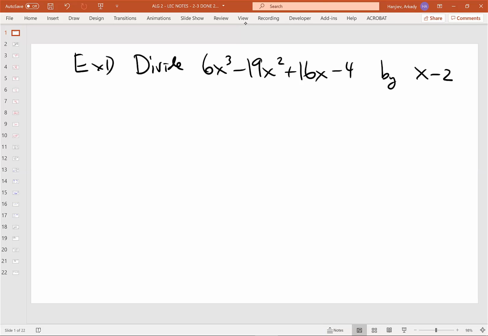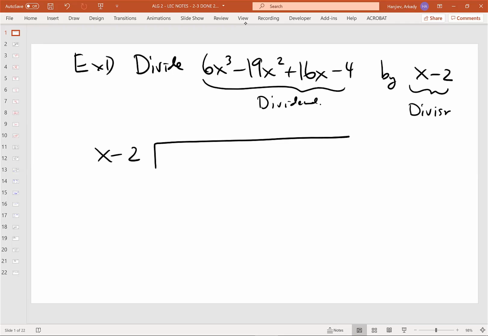So putting it to long division, here it is. Our divisor is right here, and this guy is called the dividend. I'll keep on doing that just so we have the vocabulary down. So let's go x minus 2 over here, and we have ourselves now.